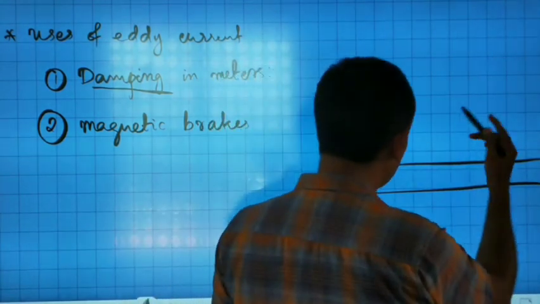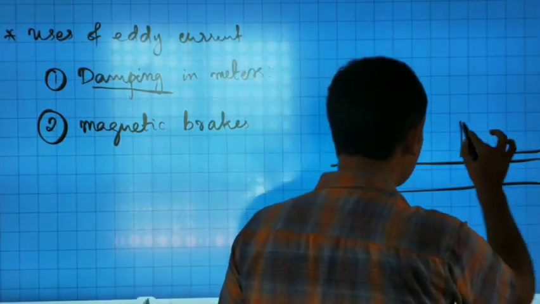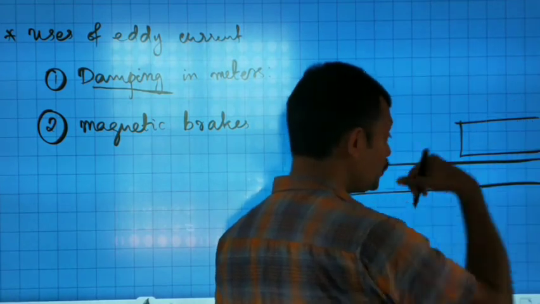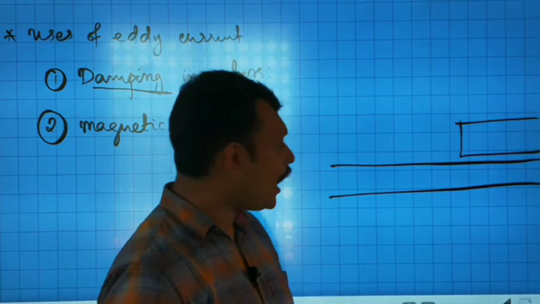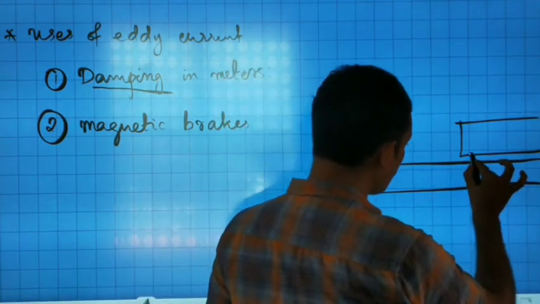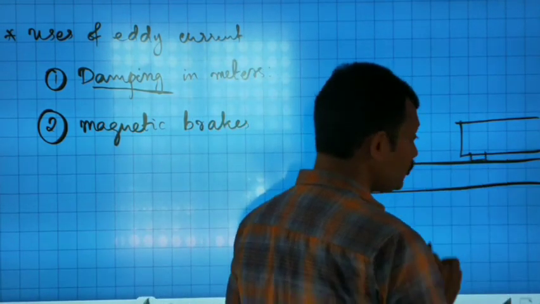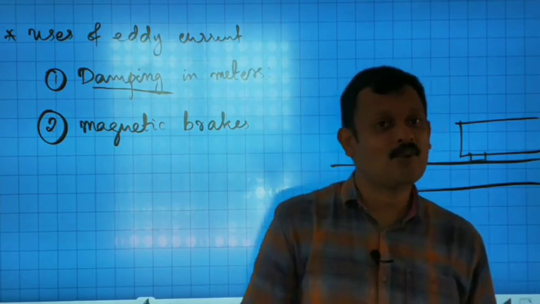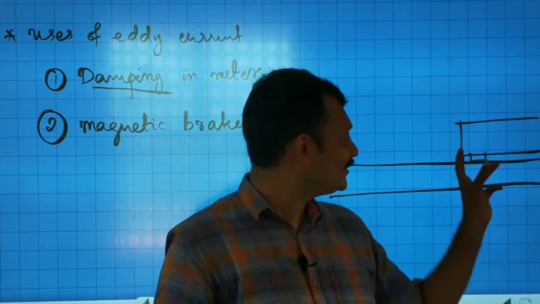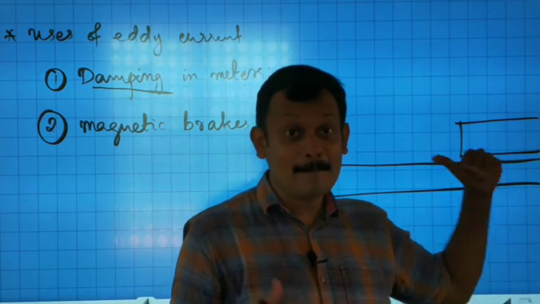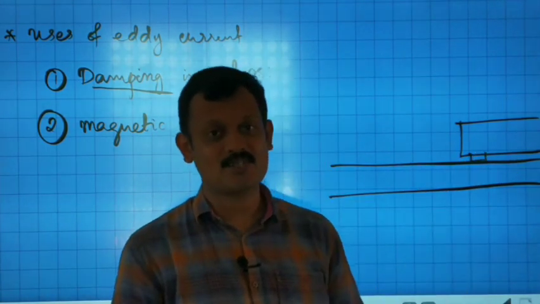These magnetic, high speed trains move above the rails, and the bottom part of the train contains powerful electromagnets.